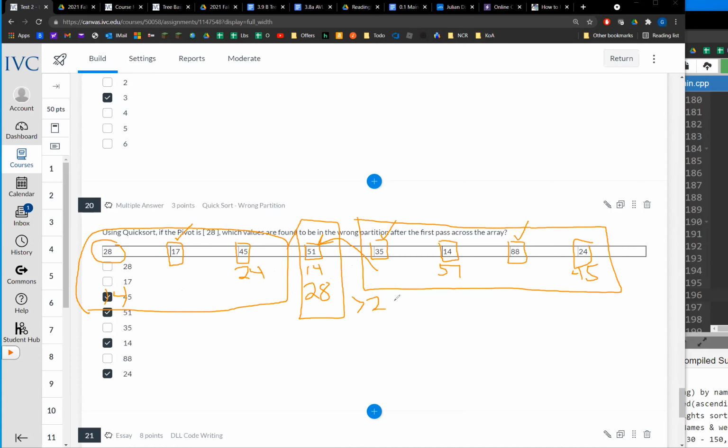Greater than 28 over here, and less than 28 over here. And to make that happen, 24, 14, 57, and 45, right? They had to shuffle around.